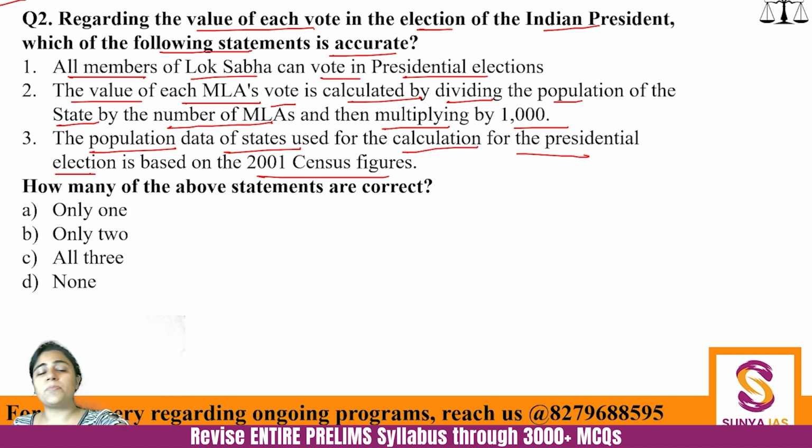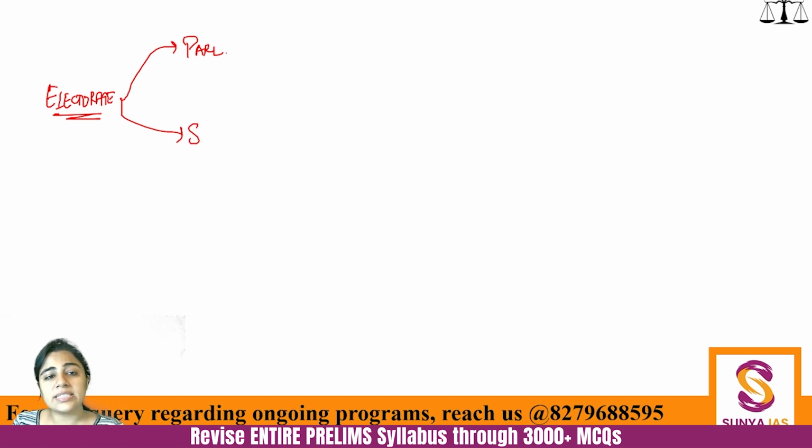See, to answer this particular question, you have to actually write down the presidential electorate. The electorate for Indian president election. What is electorate? Who all vote in the Indian president's election. So there are two aspects. One is the parliamentary votes and one is the state legislative assembly votes.